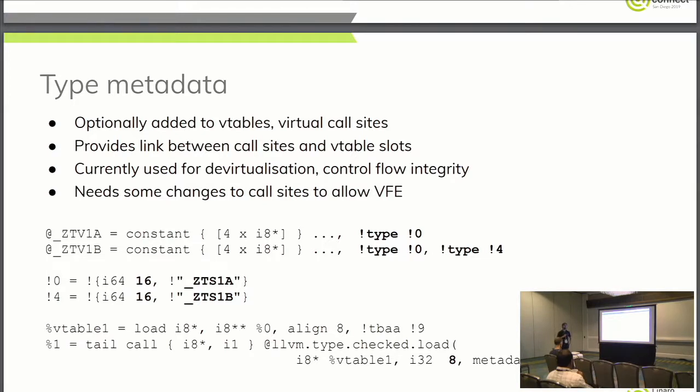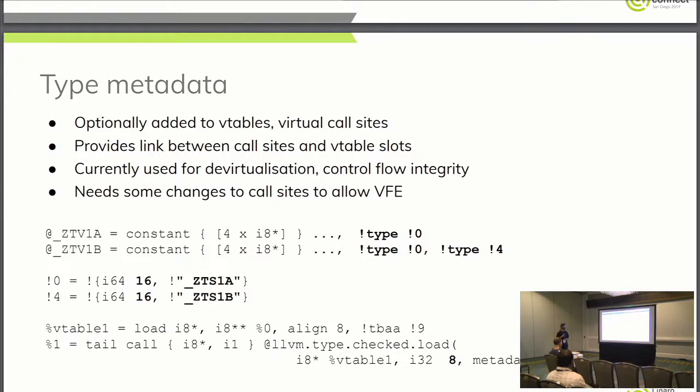So LLVM has something that could help us with this. This is type metadata, which is optionally added by Clang to vtables and virtual call sites, which can give us this link between the call sites and the virtual functions they could possibly end up calling. Currently this is used for another optimization called devirtualization and for the control flow integrity security checks.